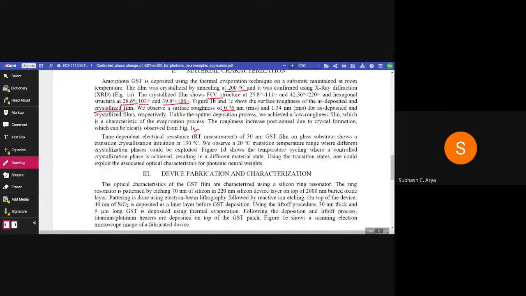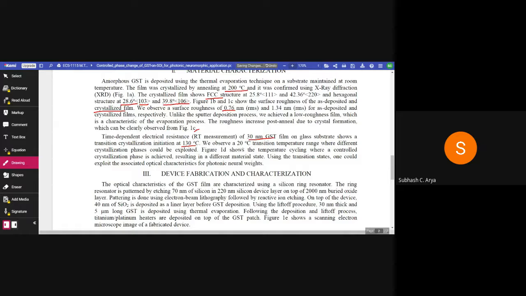Time dependent electrical resistance, RT measurement. Time dependent electrical resistance of 30 nanometer GST film on glass substrate shows a transition crystallization initiation at 130 degrees centigrade.